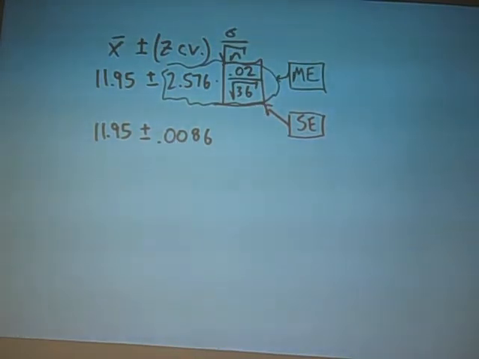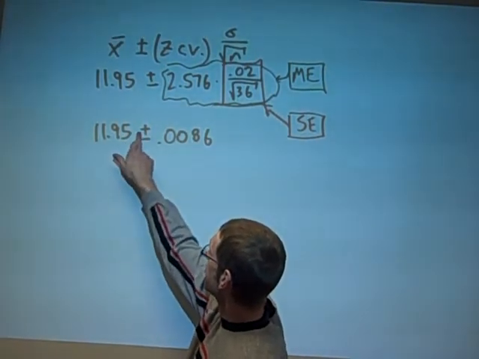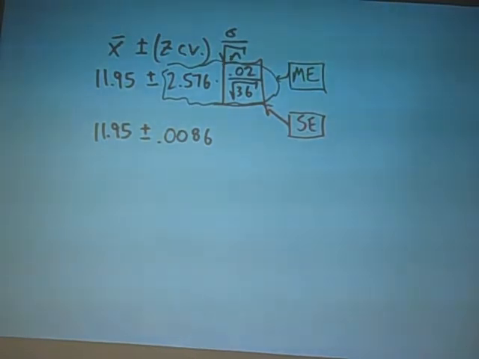The margin of error is 0.0086. To calculate the endpoints of the interval, for the left endpoint we take 11.95 minus this, and for the right endpoint we take 11.95 plus that. We do it once each way. If we take 11.95 minus 0.0086, we get 11.9414.